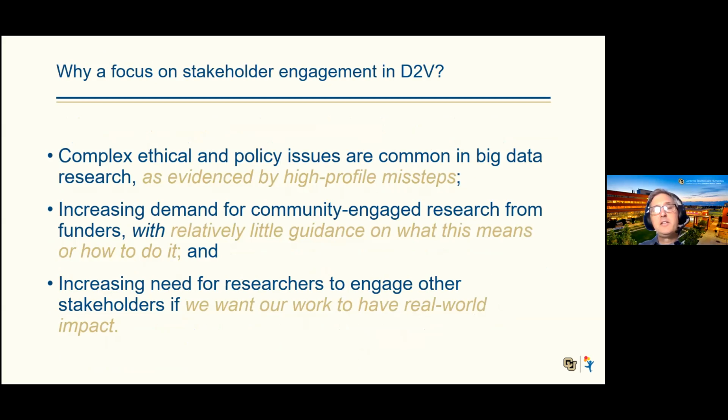They're also common in all kinds of pragmatic trials, not just things that feed off of big data. And this has been evidenced by a number of high profile sort of what you might call missteps within the big data arena.